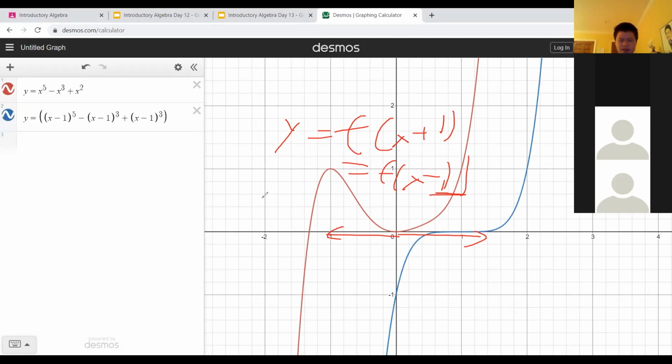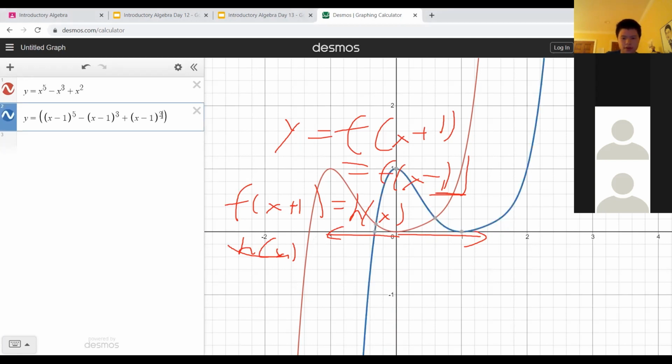Also note that while f(x) plus 1 equals, whatever. This is arbitrary. h(x), no, I wrote it wrong. There we go.